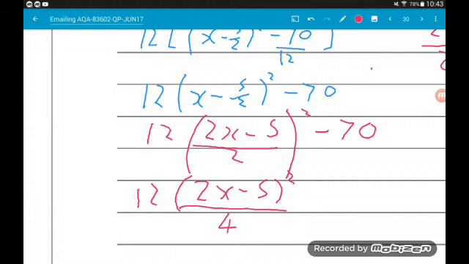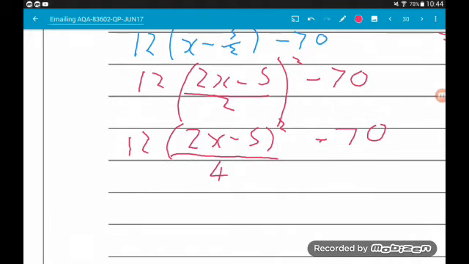So this 4 can escape out of the bracket because it's dividing everything in the bracket by 4, so it can divide that 12 out of the front by 4. So then we've got minus 70 on the outside like that. So finally, we can now divide the 12 by that 4, and we've got 3 lots of 2x minus 5 squared minus 70.